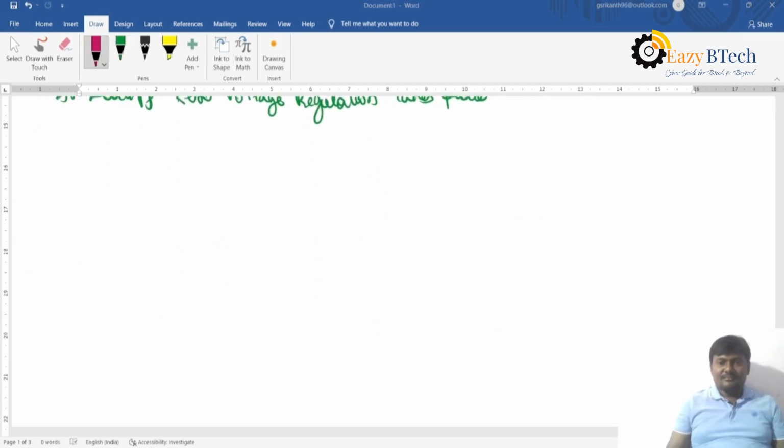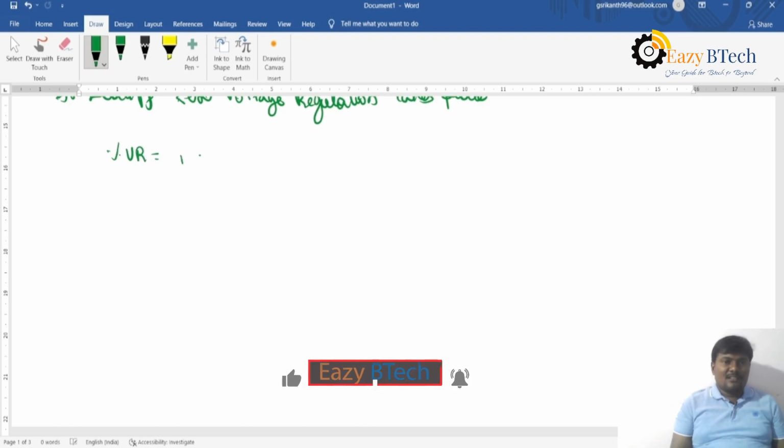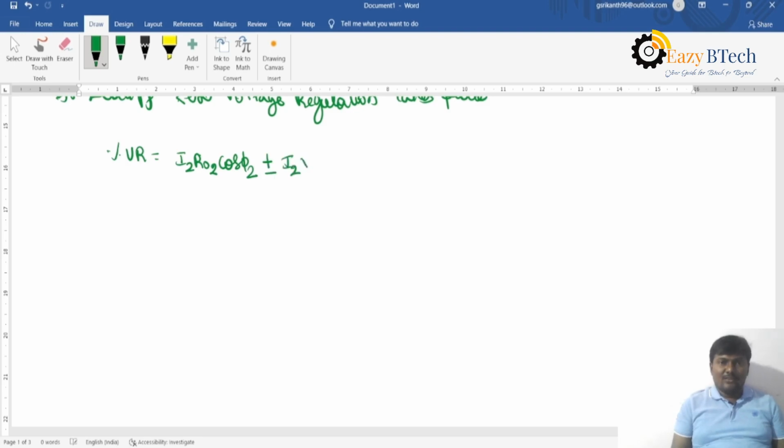So the maximum voltage regulation takes place at lagging power factor of the load. The percentage voltage regulation formula is I2 R02 cos phi2 plus or minus I2 X02 sin phi2, and plus is for lagging power factor, and we are getting percentage R cos phi2 plus or minus percentage X sin phi2.